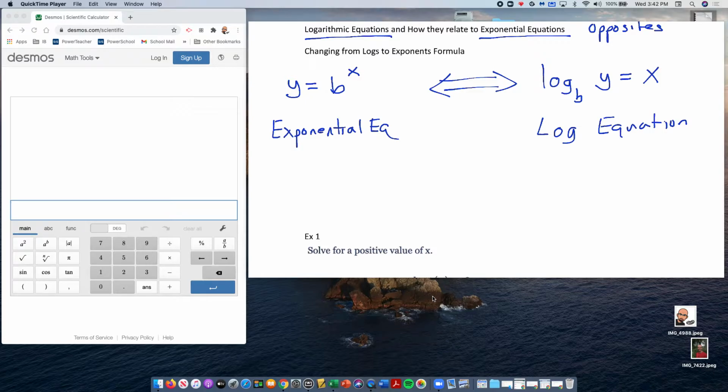If it's written log and there's nothing down here, it's blank, of x, this base is 10. Just so you know, it'll make a little more sense as I do some of these examples.